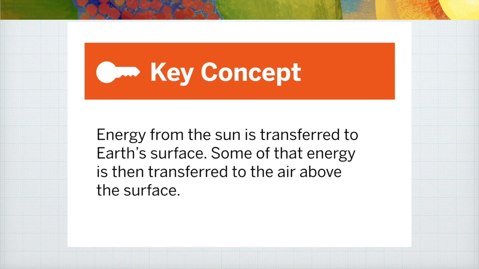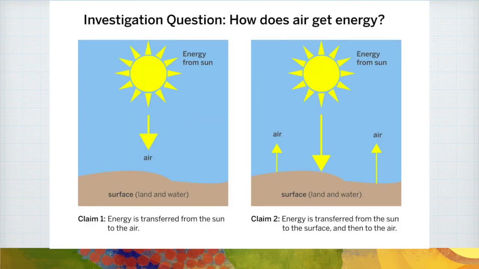This makes sense because if we look at this diagram, I'm going to go to the one that zooms in. When we go up higher in our atmosphere, it actually gets colder. So it would make sense that the ground gets warm first, and all of that energy is then transferred back into the air.